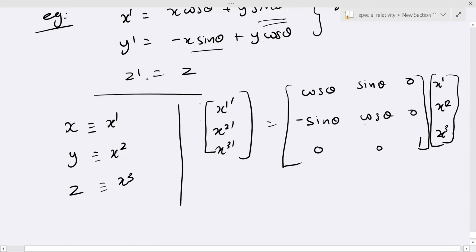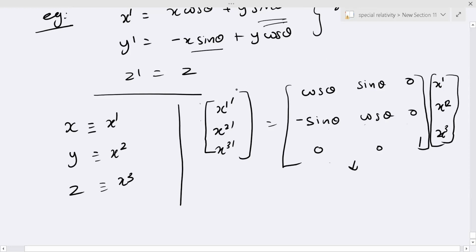And you see that z prime, x3 prime, is equal to x3. So this is an example of a rotation. Now you can construct any rotation matrix like this. You can construct a rotation about the y-axis or x-axis, or about any arbitrary axis. But the basic idea is that the components of a vector transform according to this.